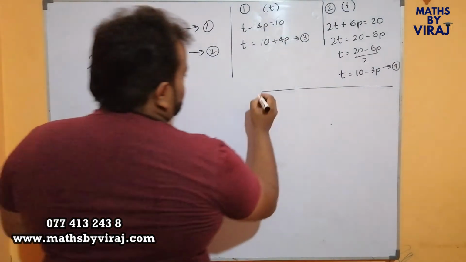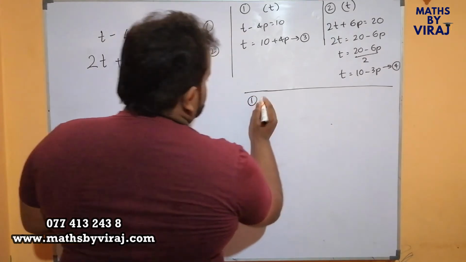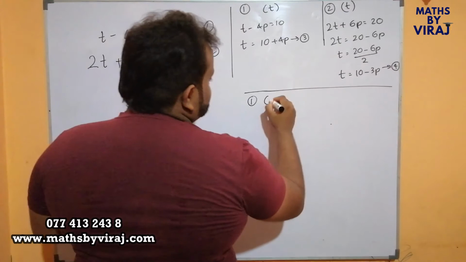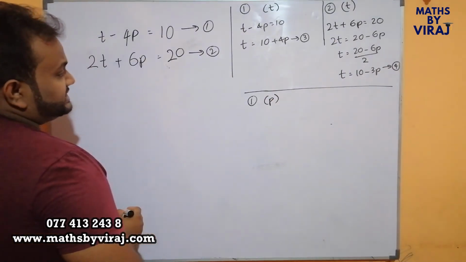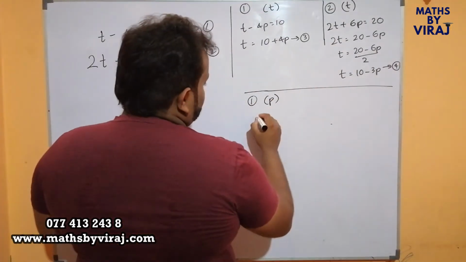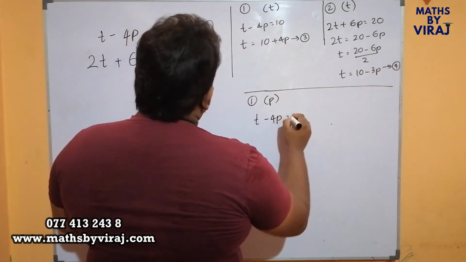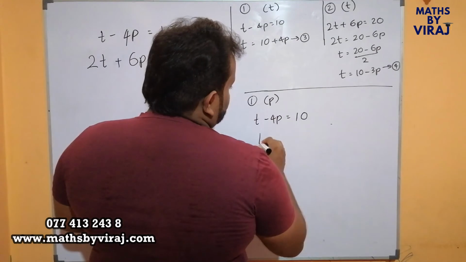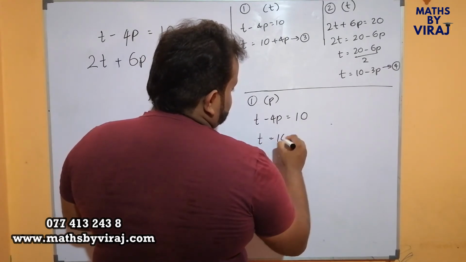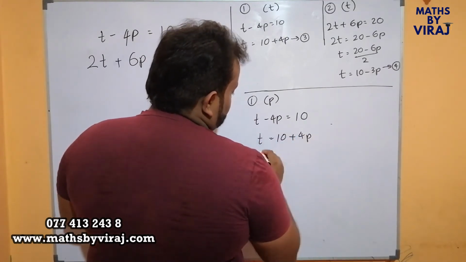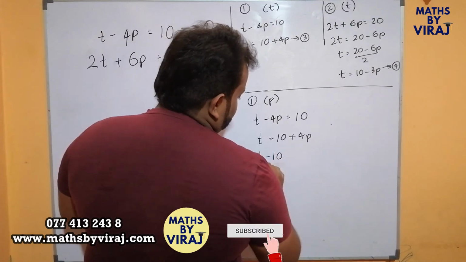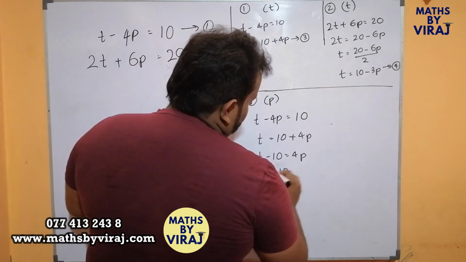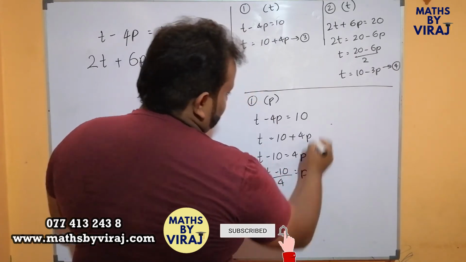Similarly, let's consider equation number 1 and make p the subject. t minus 4p is 10. I can write this as t equals 10 plus 4p. t minus 10 is equal to 4p. (t minus 10) over 4 is equal to p.